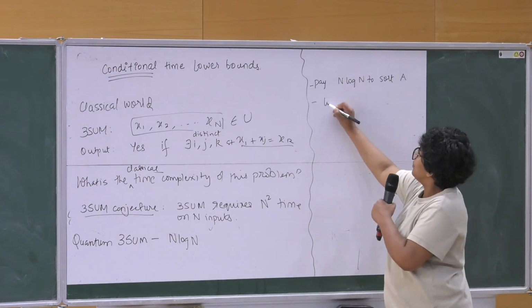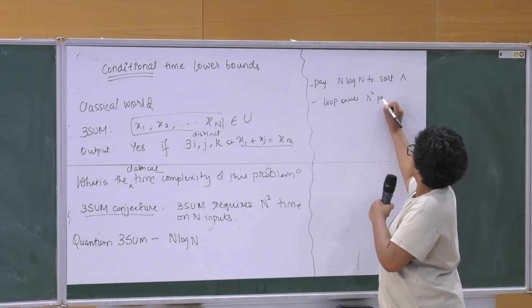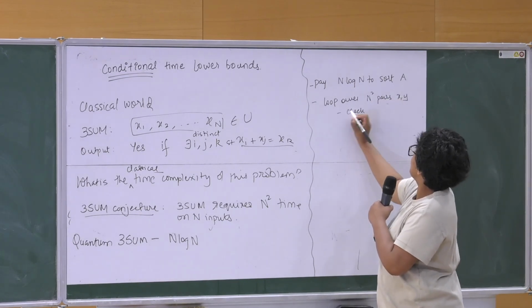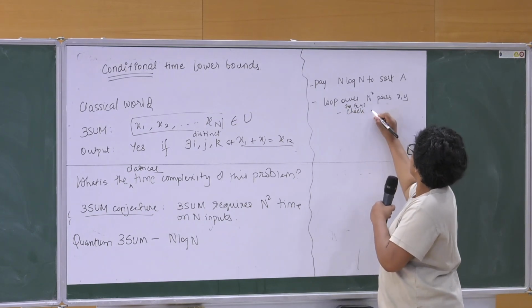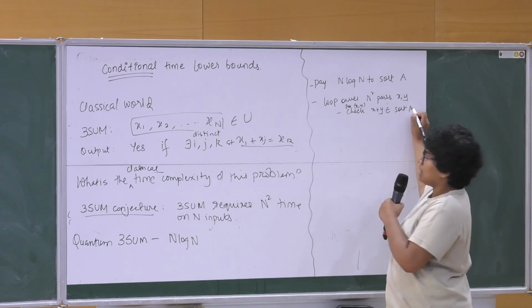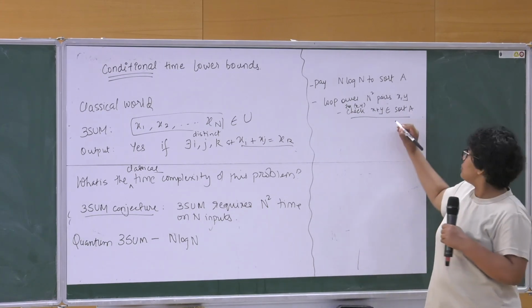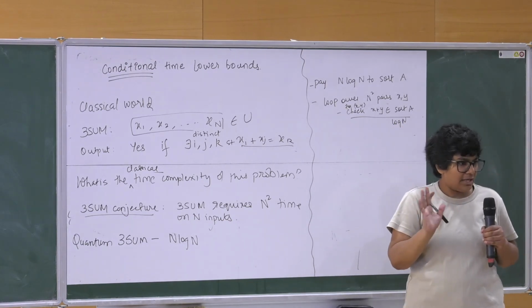Now, I will loop over n square pairs x, y and check for every pair whether x plus y belongs to sorted A. That was my algorithm, right? This quantumly would also require log n time, because binary search I can do in log n time, that's okay.